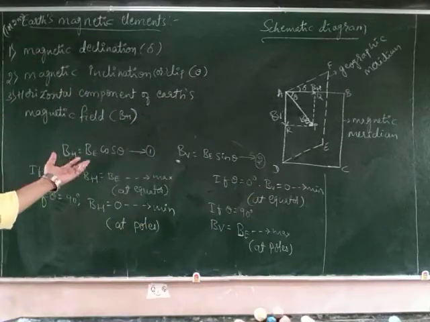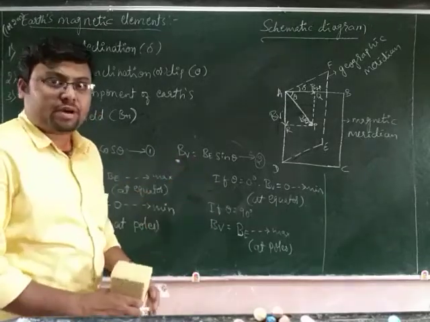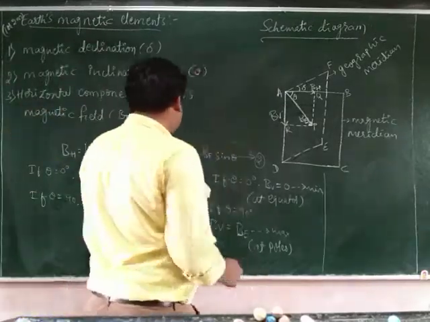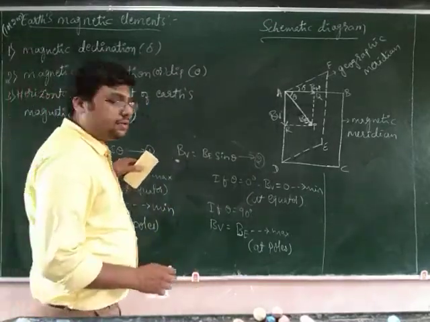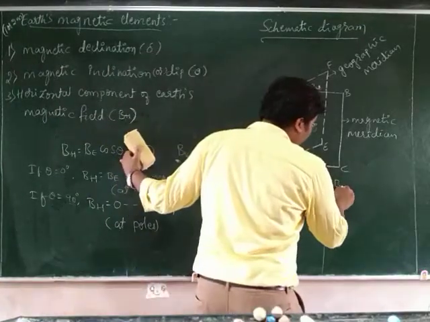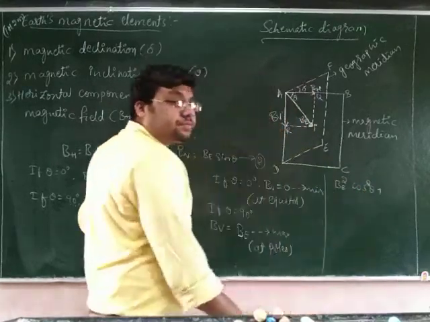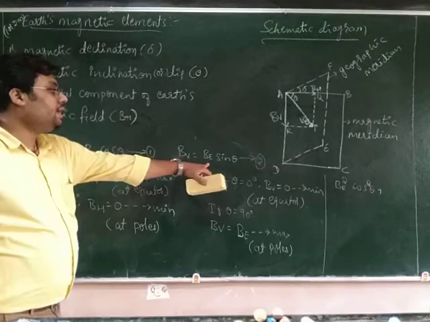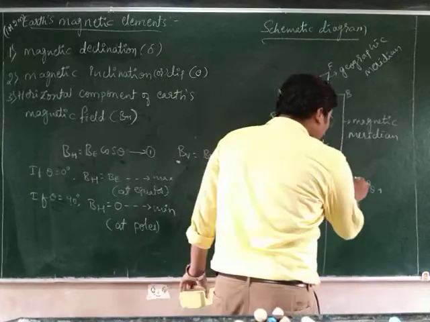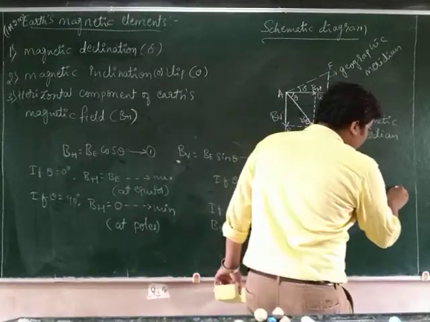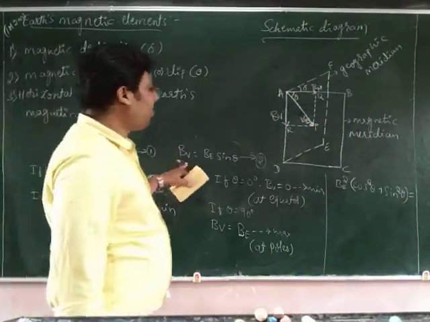Square both equation 1 and equation 2 and add them. First I take everything: BE square cos square theta plus BE square sin square theta. Since BE square appears on both sides, I take it as common, times cos square theta plus sin square theta, which is equal to BH square plus BV square.